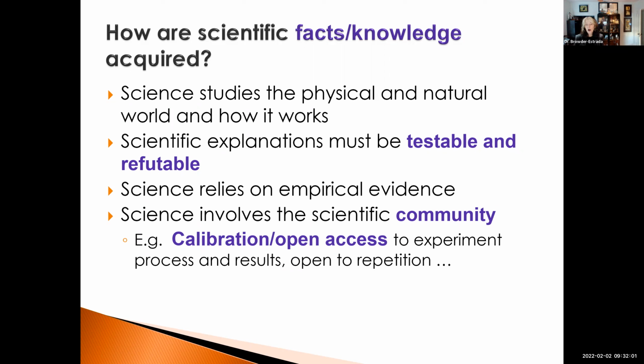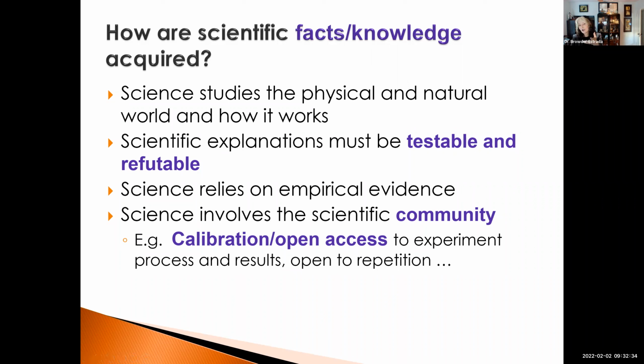And when we are testing and working on answering things with empirical data, calibration, right? An openly acknowledged standard for how that equipment needs to work. And then a real researcher, whether it's a group or an individual, is going to give their scientific community open access to exactly all their steps, how they collected the data, how long they collected the data.